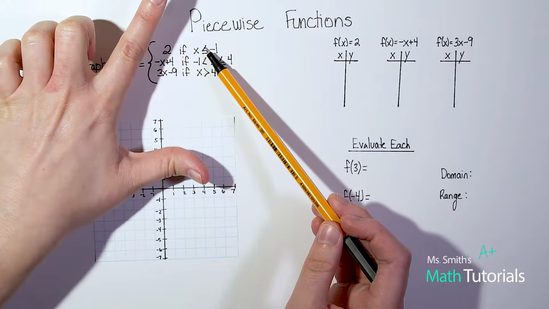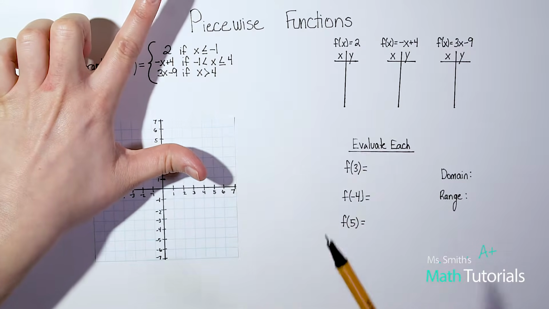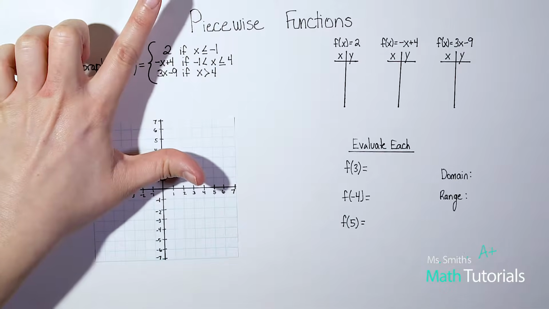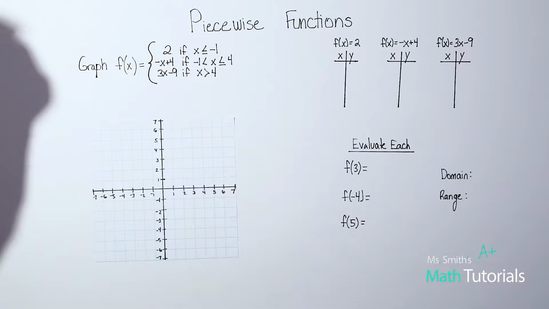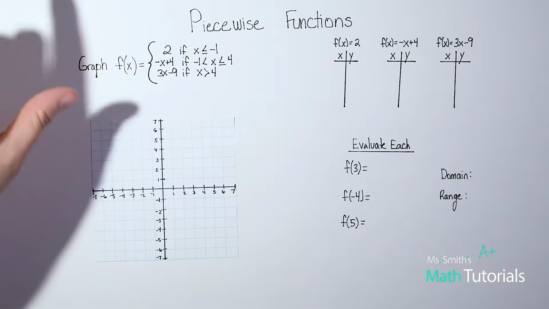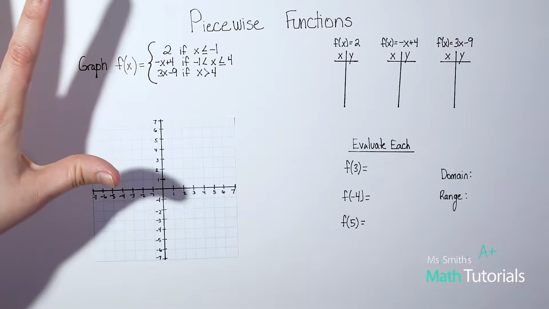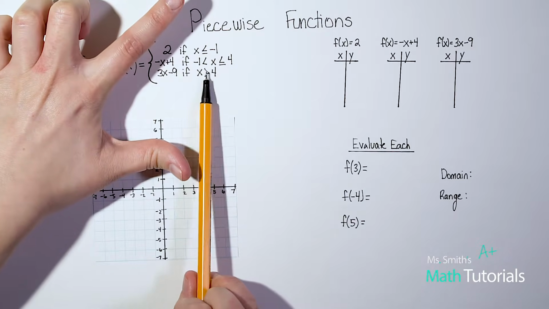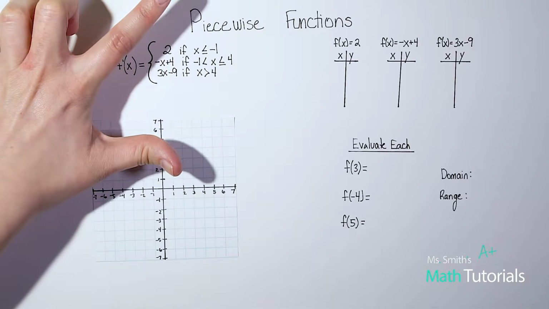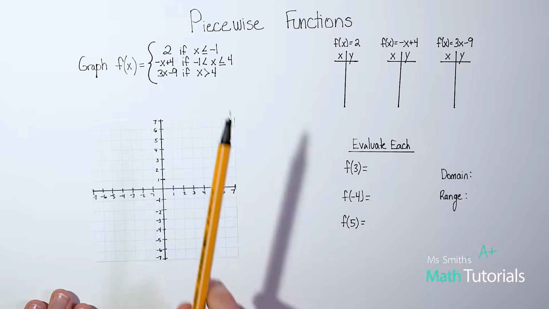Does that symbol face the same direction? Generally, does it look like an L? If the answer is yes, it's a less than. If the answer is no, it's a greater than. So looking ahead, do you see that that one does not look like an L? It's facing the wrong way. That's a greater than. Back to piecewise functions.